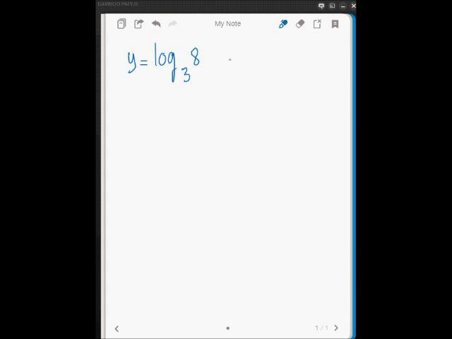So, let's assume that y is equal to the log 3 of 8. Is that okay? Well, that means you can rewrite this. You can then write this as 3 to the power of y is equal to 8. Okay with that?